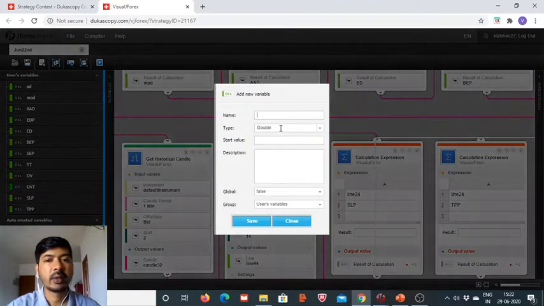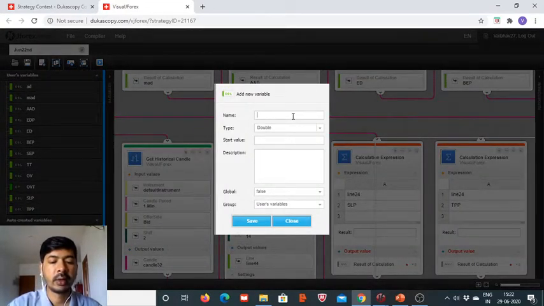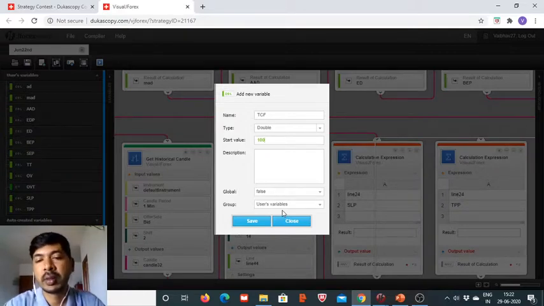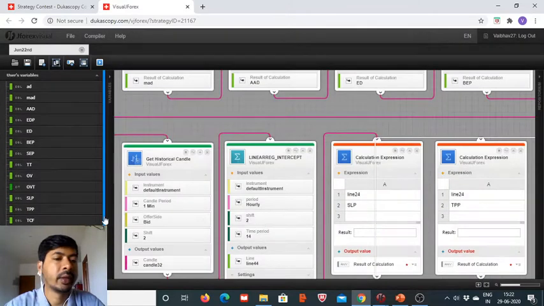We create another variable, type conversion factor TCF, and it is going to be 100, as we have to multiply the ATR by 10 raised to the power 2 to get the double output value in integer format.